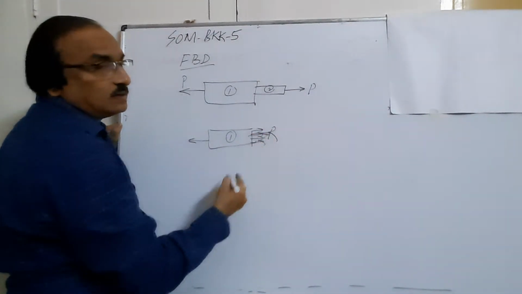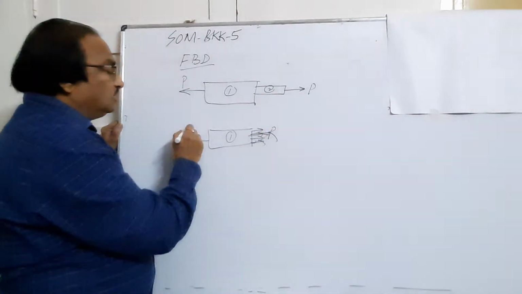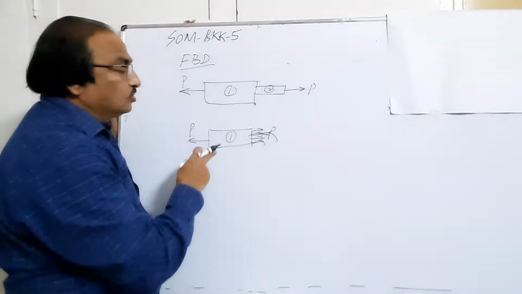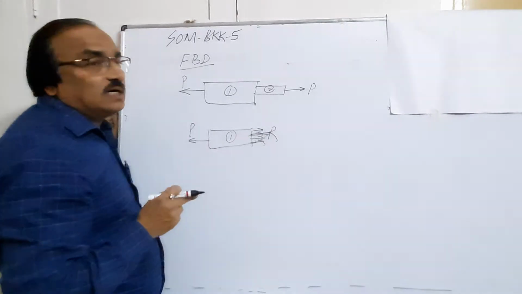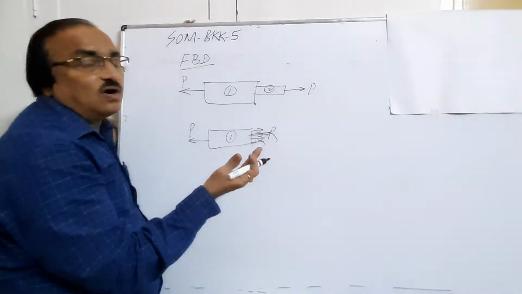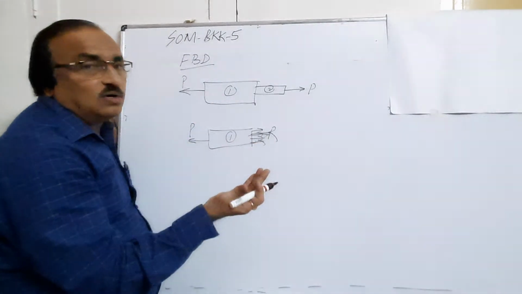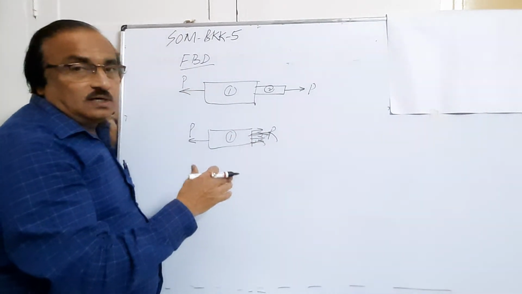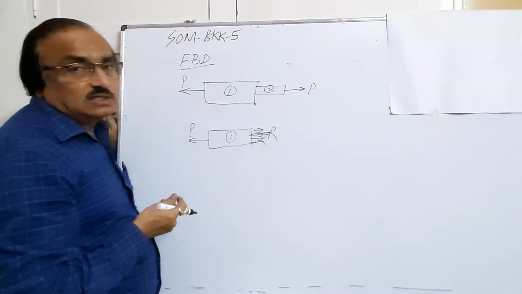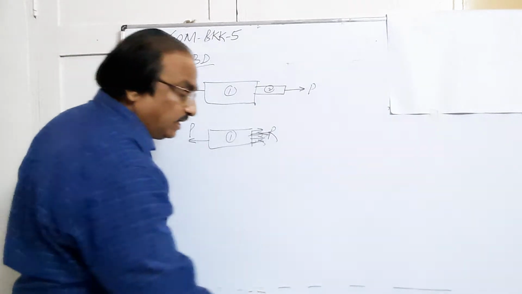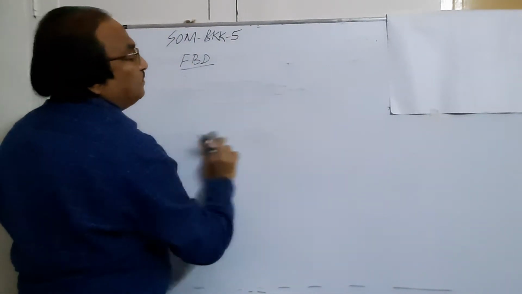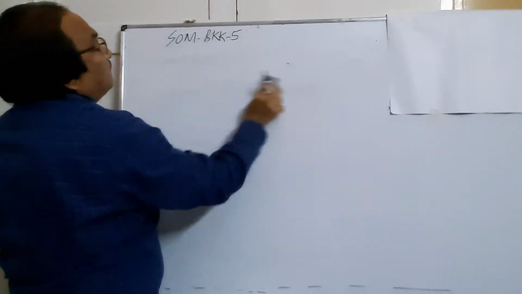Let this be R. So that this P will be equal, opposite and collinear to R. So the system will be in equilibrium. Such a body which is separated from the surface of contact and the surface of contact replaced by a reaction, and the body is in equilibrium, we call such a body a free body diagram. So here this principle we are going to use, free body diagram principle, in solving the problems.